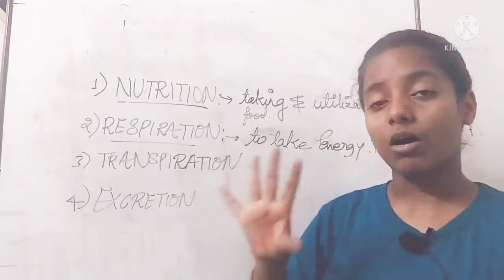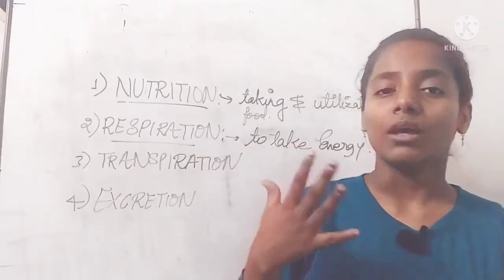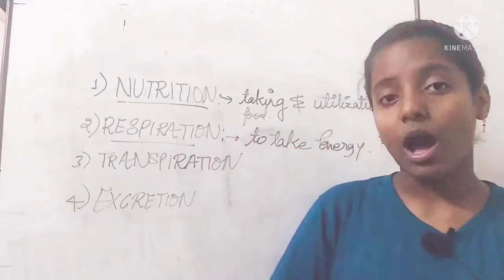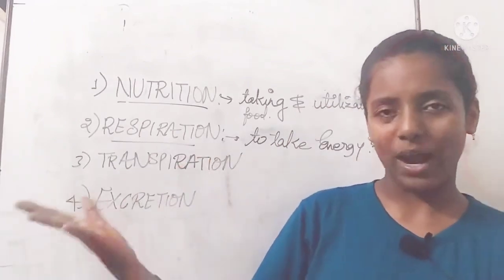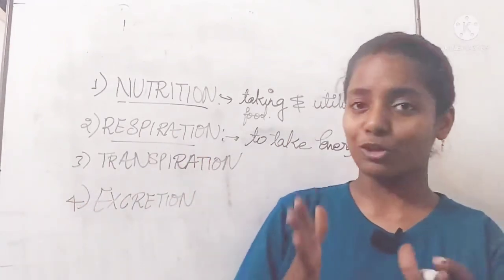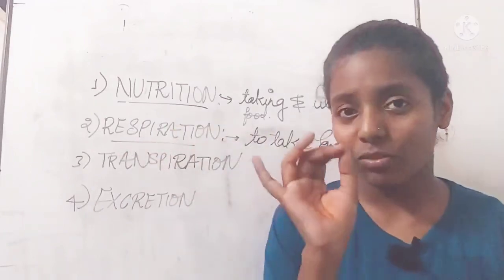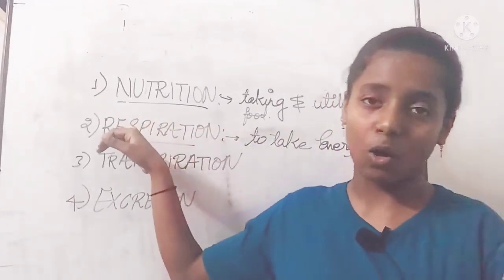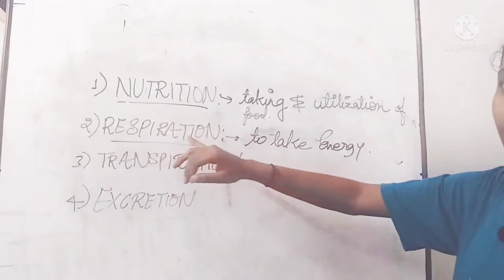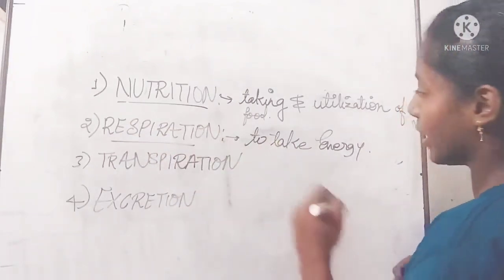That carbon dioxide is then released from our nose outside and goes to the plants. Hope this was clear. So breathing is only one process of respiration, not the same as respiration. Hope this doubt is clear.